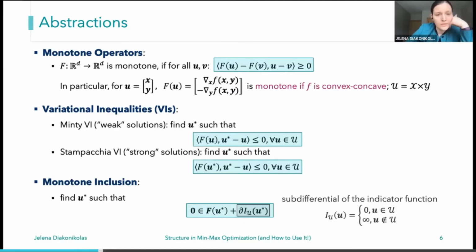If this was a gradient of a function, and you were in the vicinity of a local minimum, this would give you an upper bound on the optimality gap. This would give you a lower bound, but you would hope that they're close to each other.